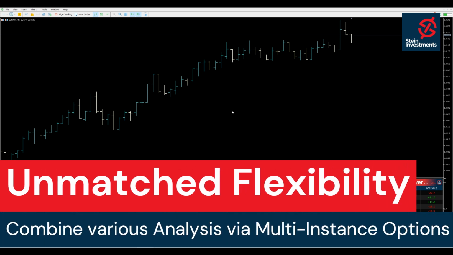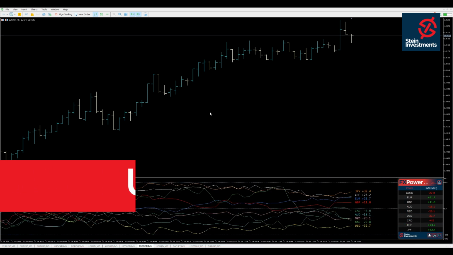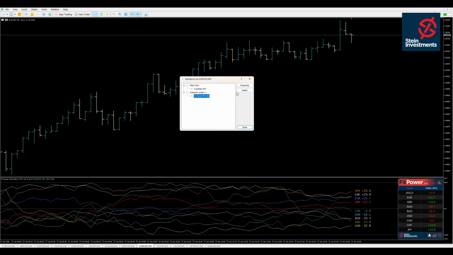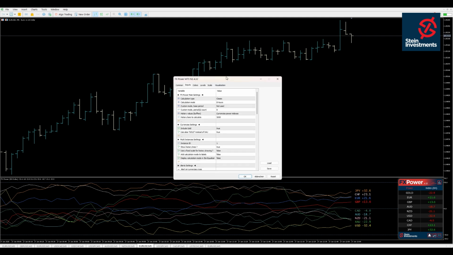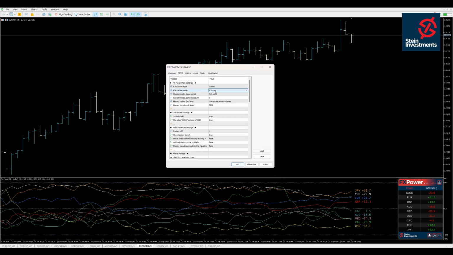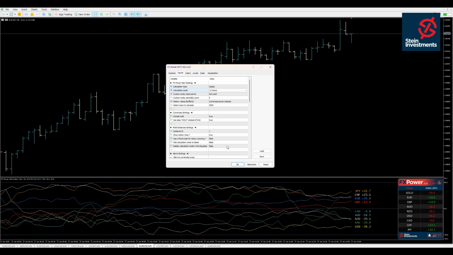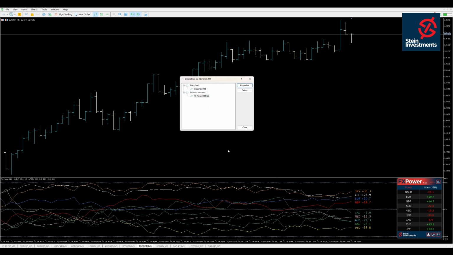A huge factor of its popularity is the flexibility of FX Power, and you can see here why. Because we provide drop-down lists with pre-configured analysis periods. So if you choose 12 hours, for example, then FX Power will consider the last 12 hours of data to determine the currency strengths.